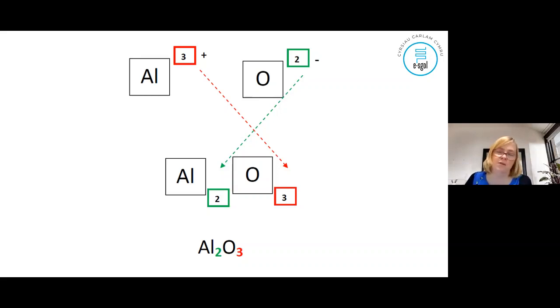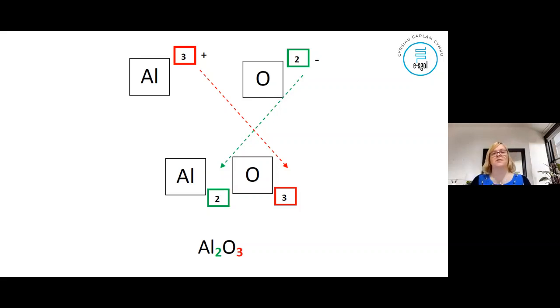I'll emphasize again, I'm hopefully not repeating too much, but make sure that those charges do not appear in your final compound formula. Okay, so those plus and minuses will totally vanish. Because the importance with forming this ionic compound is that the charges are cancelled out.